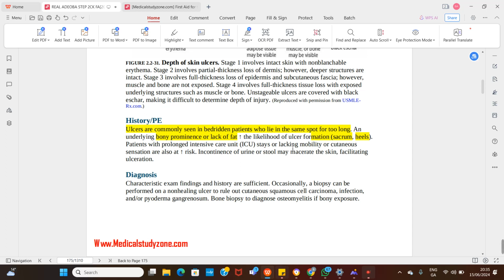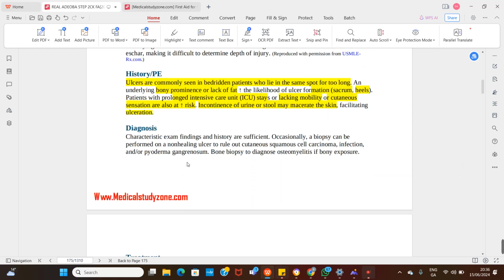So, very common in people that have stayed a long time in the ICU, people that are not moving from time to time, lack mobility, people that sit in wheelchairs for a long time, have reduced mobility, they can have pressure sores. Cutaneous sensation is reduced, diabetes, think about anything. People that get soaked easily, a lot of soaking from urine, from stool can macerate the skin, facilitating ulceration. So you want to keep the skin dry, you know.